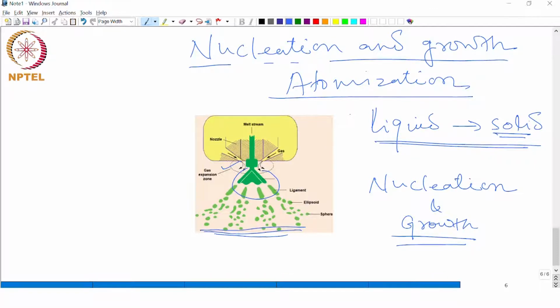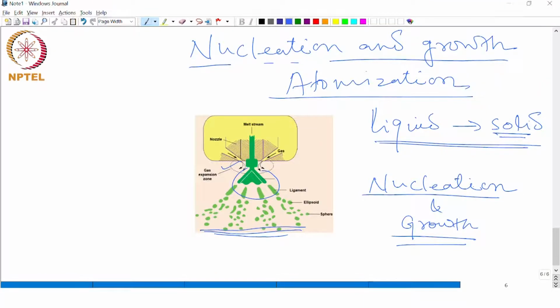For that matter, it is true for any other transformation also. The formation of the product phase, the very first particle of the product phase that forms from the parent phase, is called a nucleus. Okay. So, that is the starting of the transformation.